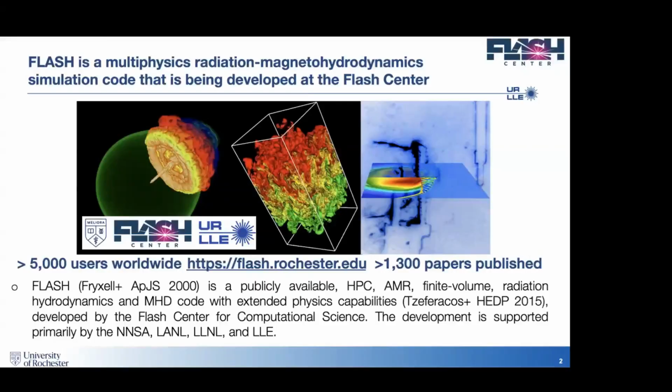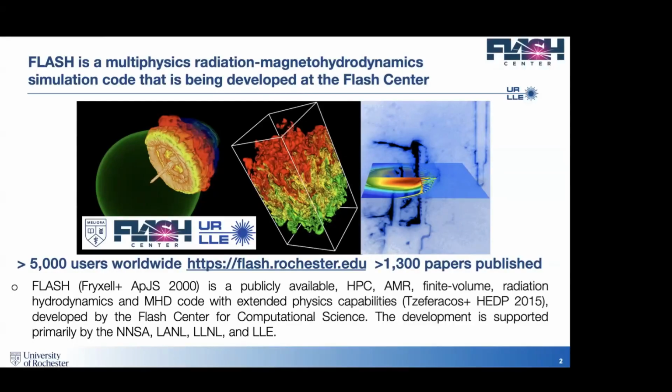This is a code that, as a project, has persisted through the years and has evolved according to the needs of the applications that it has been applied to. In terms of numbers, it has more than 5,000 users worldwide. More than 1,300 papers have been published using the code, and it's publicly available on our website where you can go and grab it.